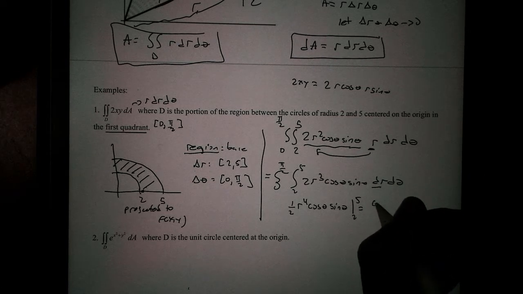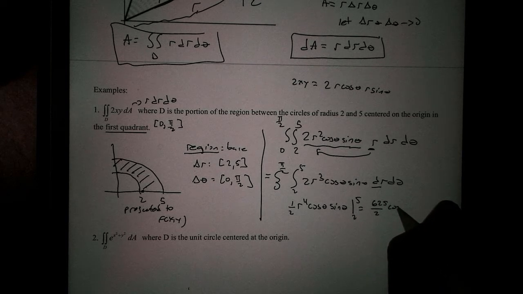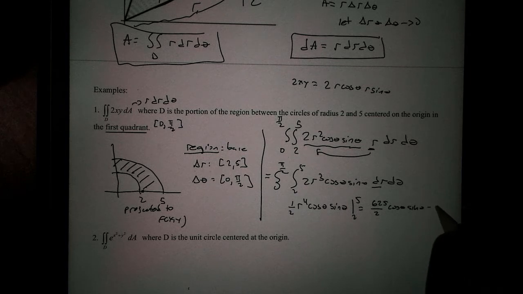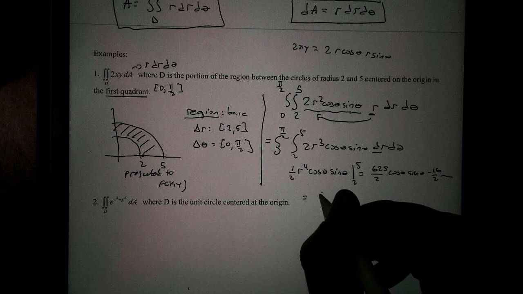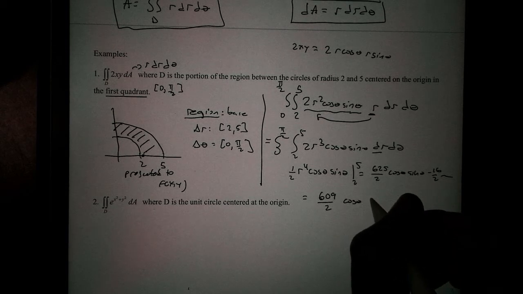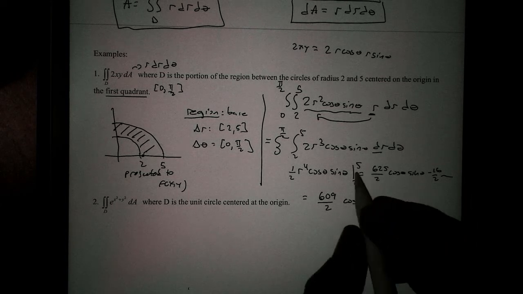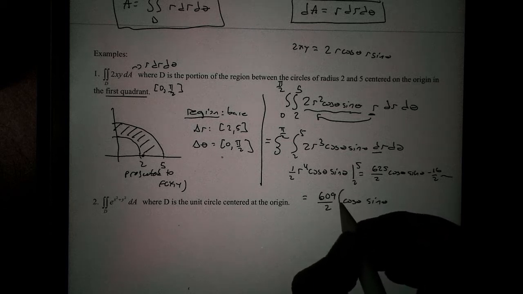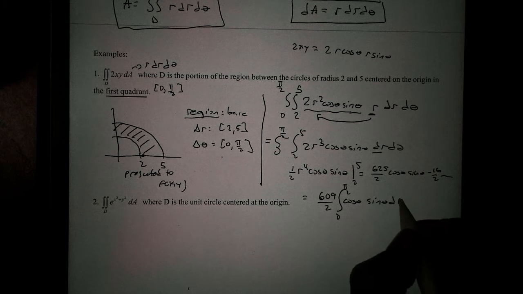So this becomes 625 over 2 cosine theta sine theta minus 16 over 2 cosine theta sine theta, which becomes, this is really long, 609 over 2 cosine theta sine theta. And this is what I want to integrate. The 609 over 2 is a constant, I'm going to leave that to the outside, 0 to pi over 2 d theta now.